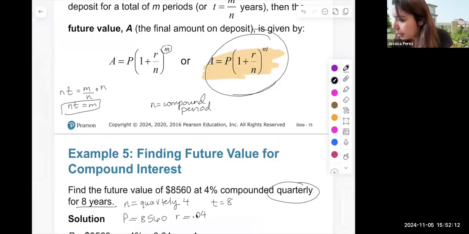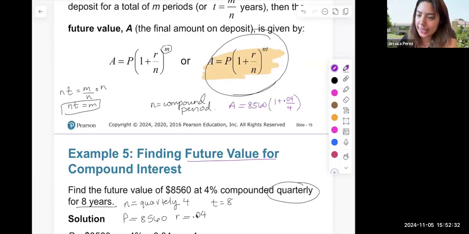So we're going to use the formula from above. A, the future value, is P, which is 8,560, times 1 plus R, my rate 0.04, over N, which is 4, raised to the NT, so 4 times 8. So this should be 32.